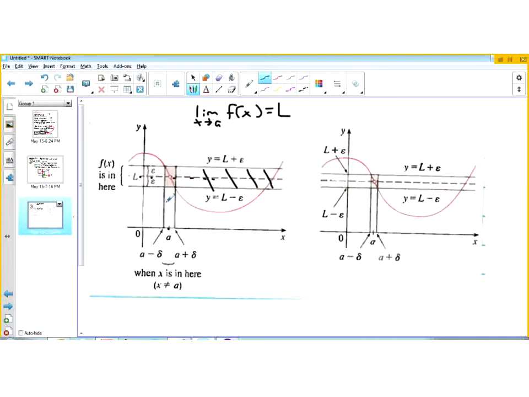And then I identify my A. Here's my A value. What I want to know is, if I were to draw this vertical line at A right here, will this vertical line x equals A intersect with the graph?